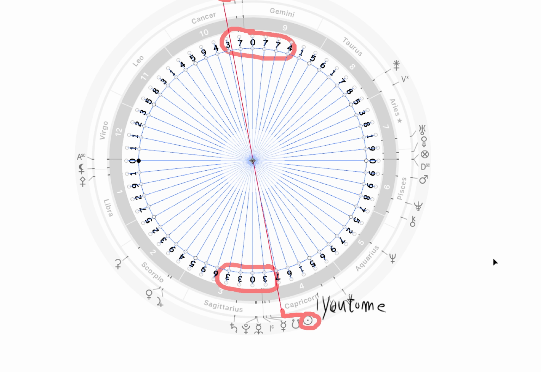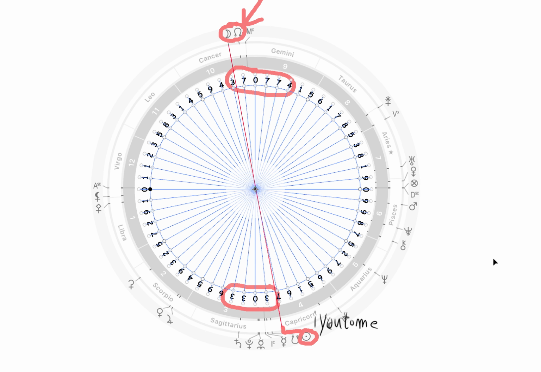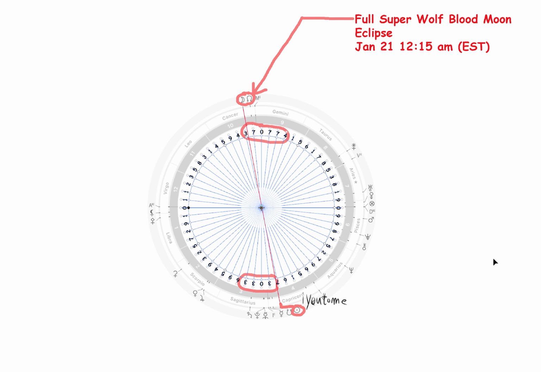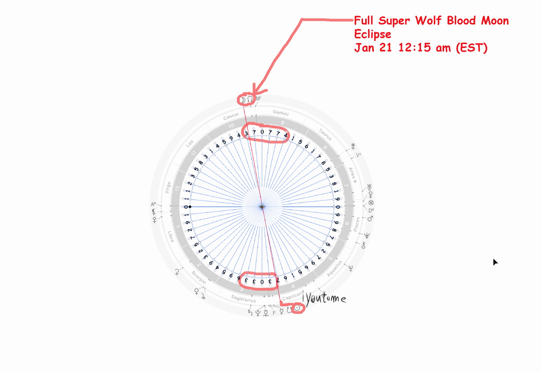Some things to note that I've been putting on this wheel. Super Wolf Blood Moon Eclipse. Happened right here from Eastern Standard Time. This is what it looked like in the sky. But does it really matter? This is where it happened. So this is really my east and my west from my vantage point.